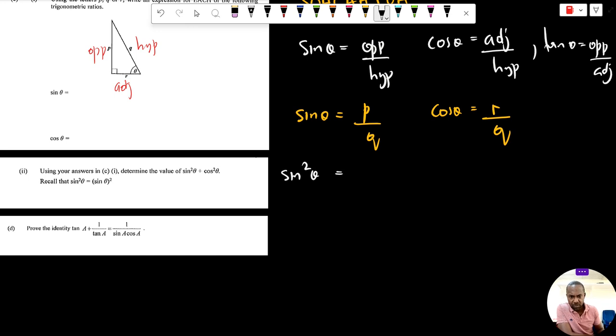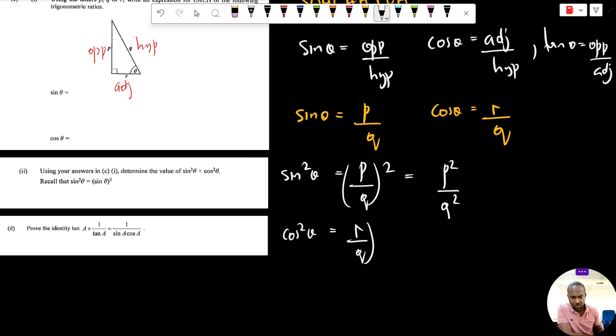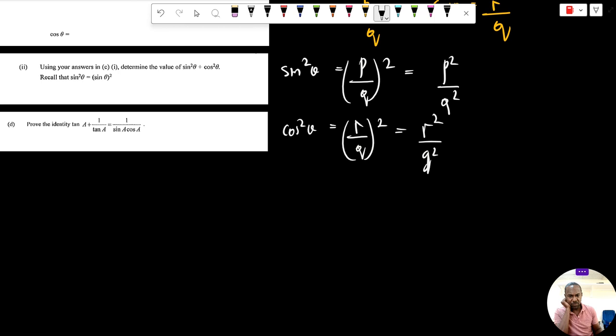So sine squared theta would of course be equal to P over Q squared, which of course is equal to P squared over Q squared. Similarly, cos squared theta would be equal to R over Q squared, which of course is equal to R squared over Q squared, right?